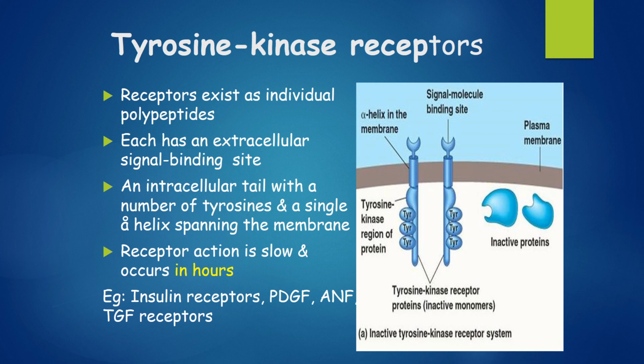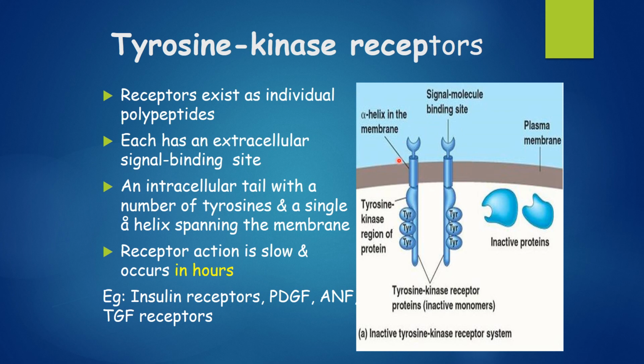The receptor exists as an individual polypeptide, and each has an extracellular signal binding site and an intracellular tail with a number of tyrosines, or a single alpha helix spanning the membrane. Receptor action is slow and occurs in hours. Here the signal binding site is outside.